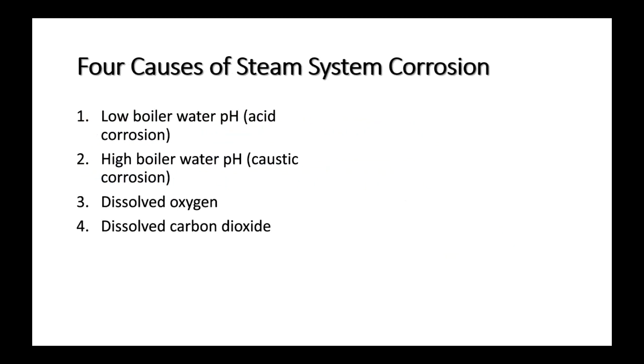So then the next thing is what causes steam system corrosion. And I think in your textbook they call it boiler corrosion. But I think we've got to be careful. We call it steam system corrosion because dissolved carbon dioxide, number 4, is not actually going to corrode our boiler. But this stuff here is going to corrode our condensate system.